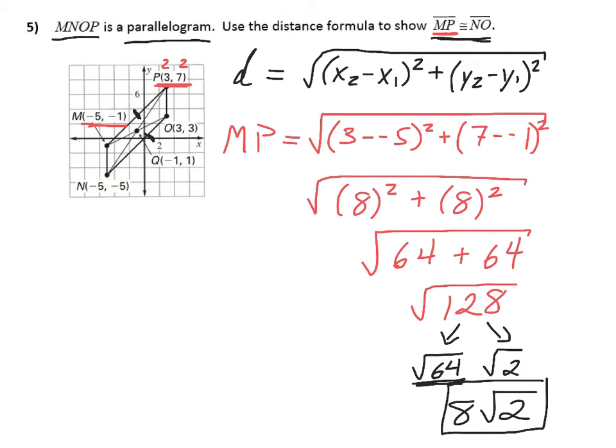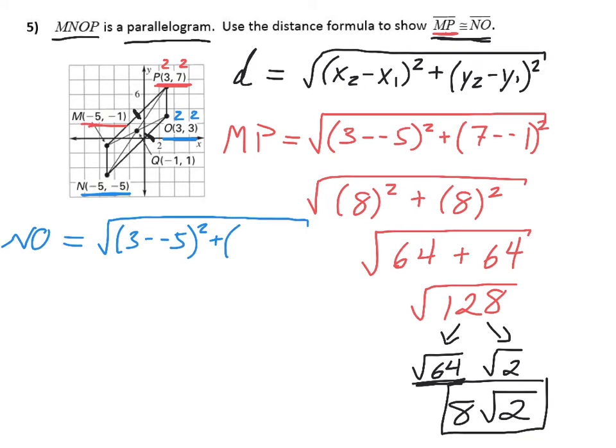Okay, now let's move on and take a look at NO. So I'm trying to find the distance from N to O. Let's highlight these points, N and O. We'll use O as our x2, y2. So in my set of parentheses, we're going to have 3 minus negative 5 squared, and we have 3 minus negative 5 squared again.